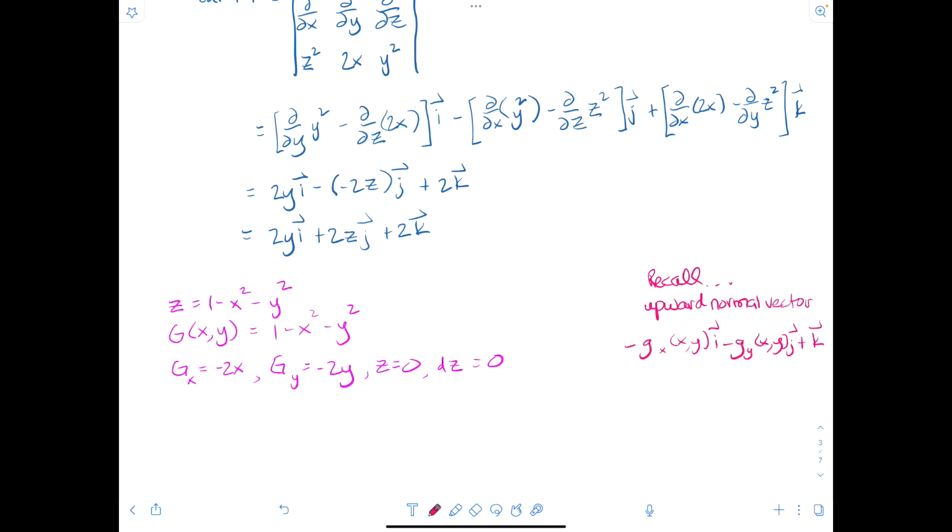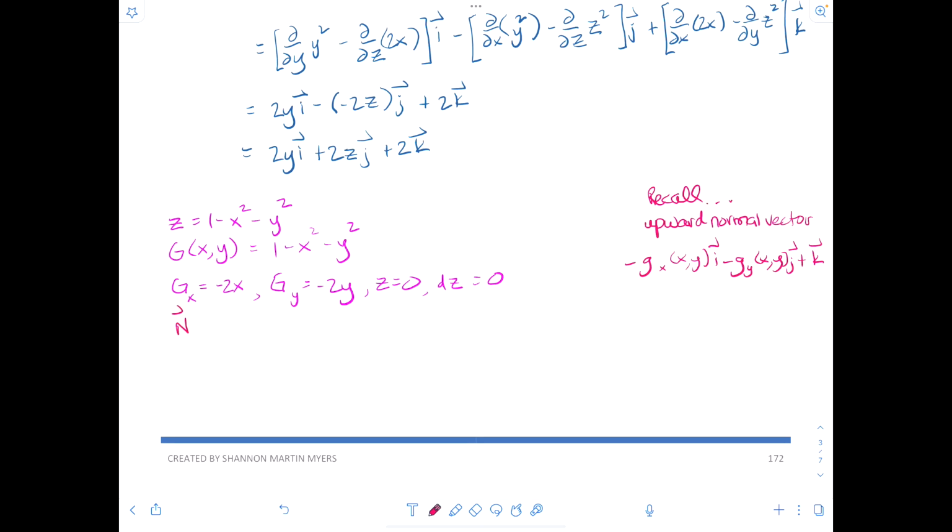That's the upward normal. So using that formula, the negative g_x of x and y, this was lowercase in the general, here we've got an uppercase, we'll end up getting our n equal to negative negative 2x, which is positive 2x times i, negative negative 2y is plus 2y times j, and then plus k.